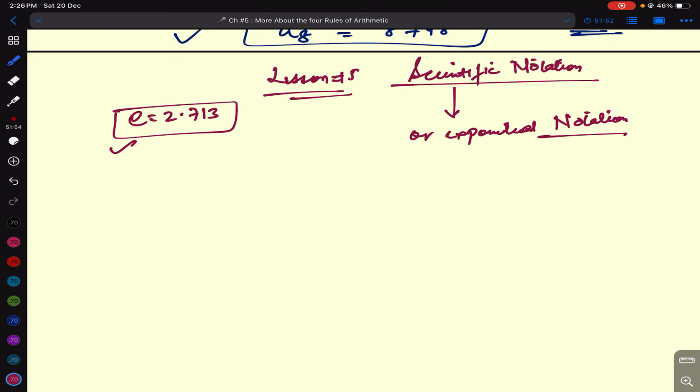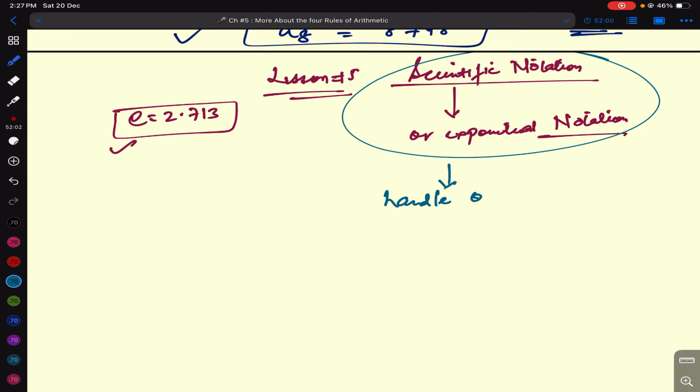So why do we use them? They are basically used to handle or represent large numbers. Whenever you have large numbers to be represented, exponential notation or scientific notation makes it easy.